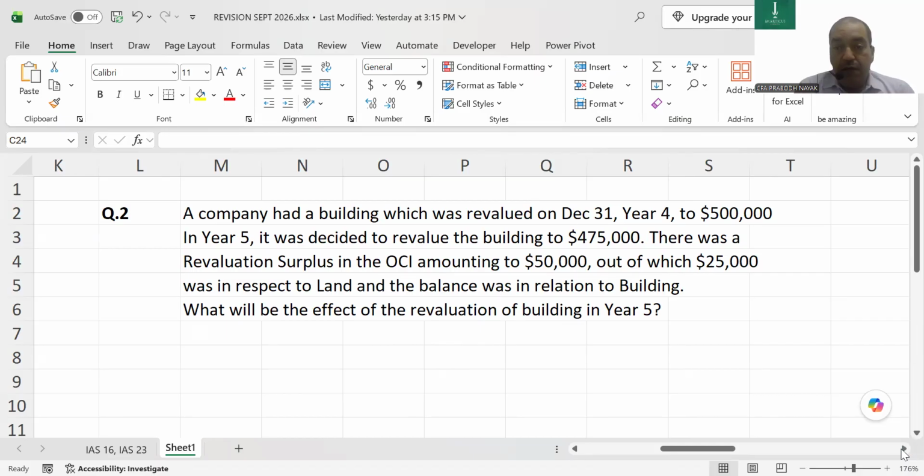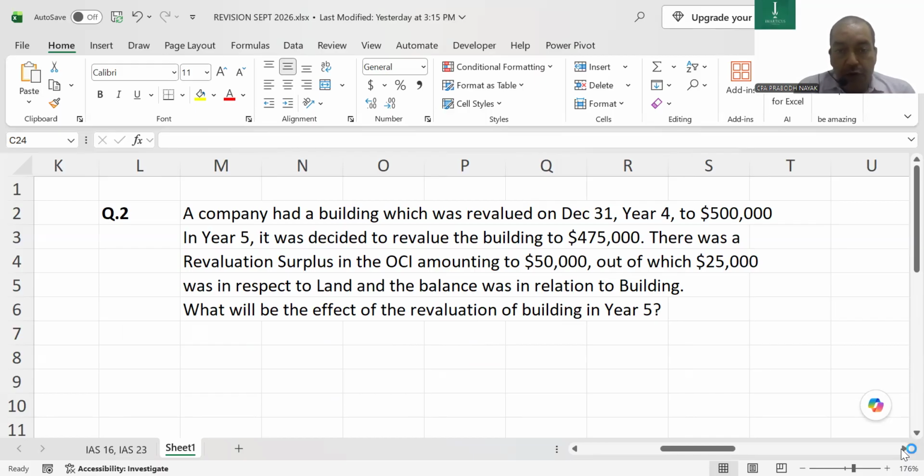Now what has happened? It is decided to revalue the building to 475,000. From 500,000 to 475,000. So that means we are reducing the value by 25,000. Okay, so there is a revaluation loss of 25,000. Correct.